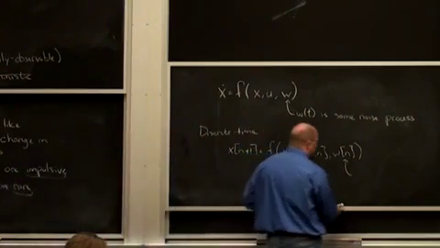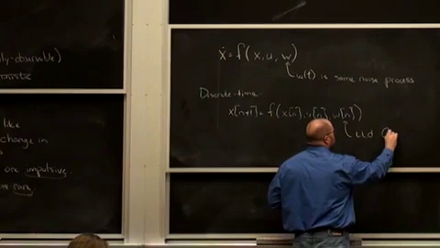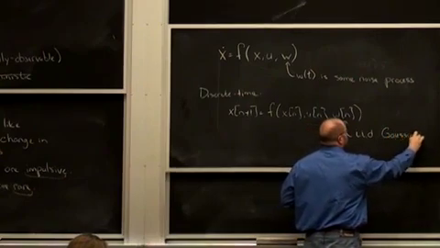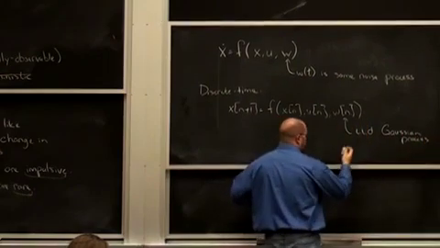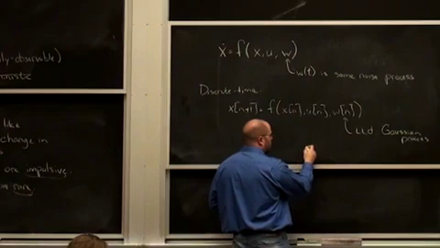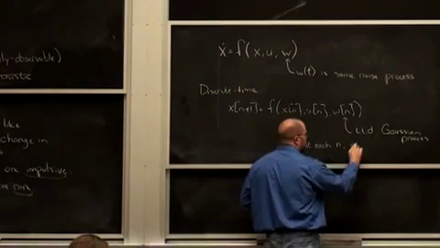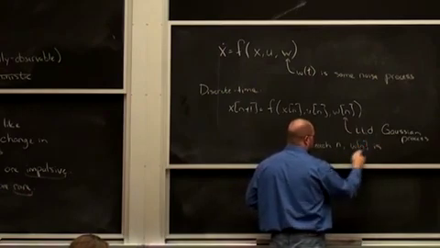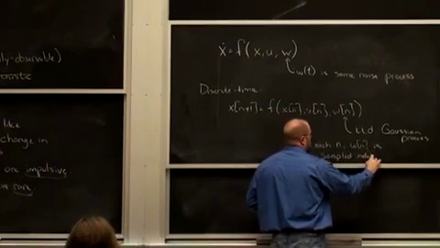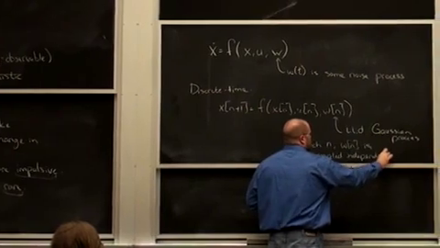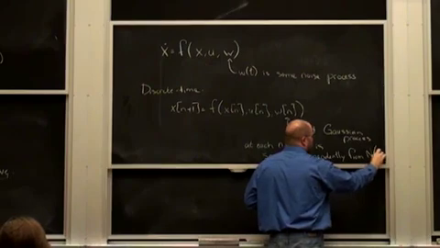For instance, W of n might be some IID Gaussian process, which is just a complicated way to say that at each n, W n is sampled independently from a normal distribution.